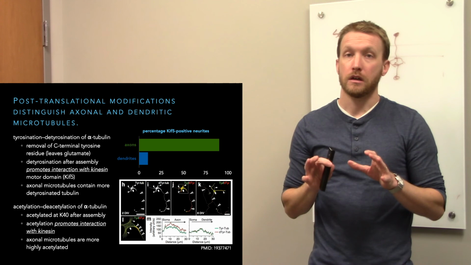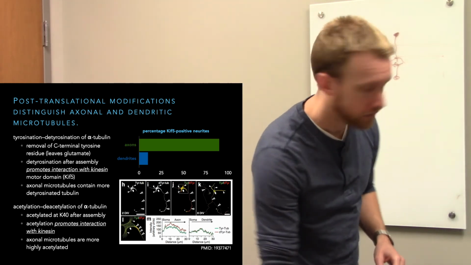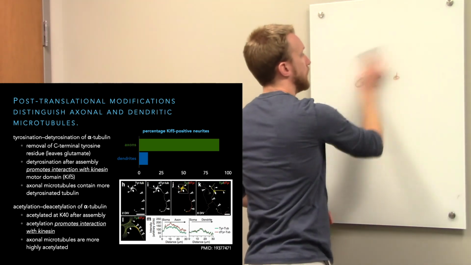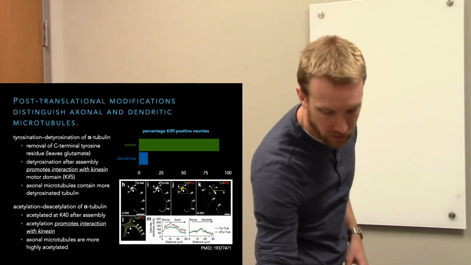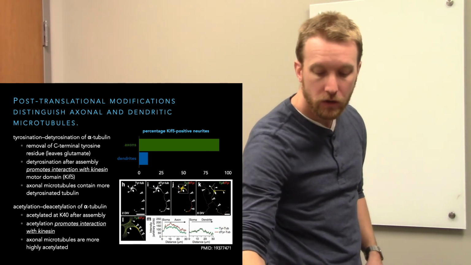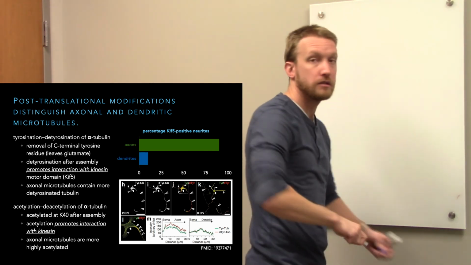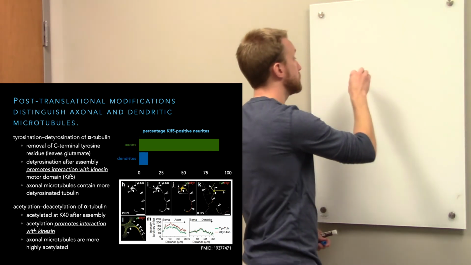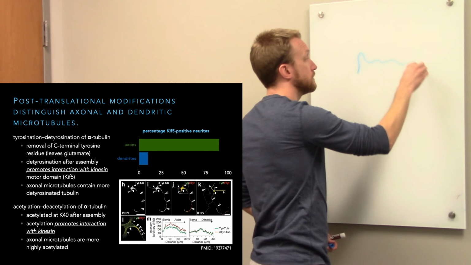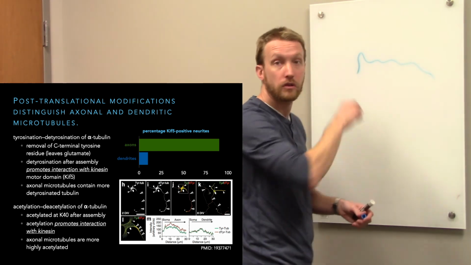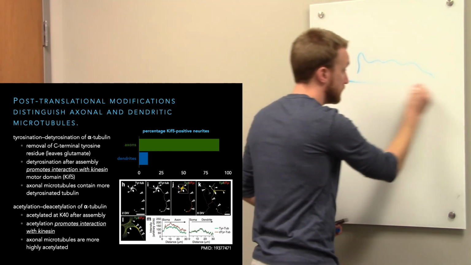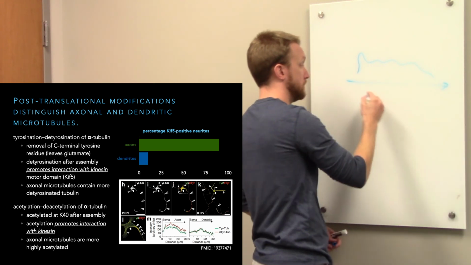So look at the plot on the bottom. And what this will show you is that in the axon, compared to the cell body and dendrites, we're seeing more detyrosinated tubulin. So this will be my green in this case. So you'll notice what they're doing is just looking over a distance. So they're following, let's say, down the axon.